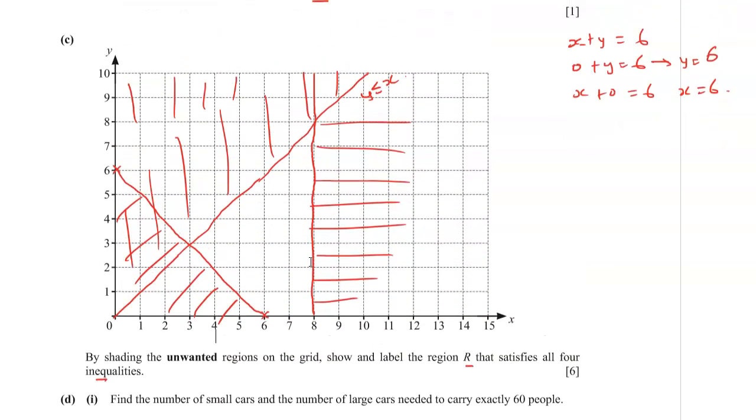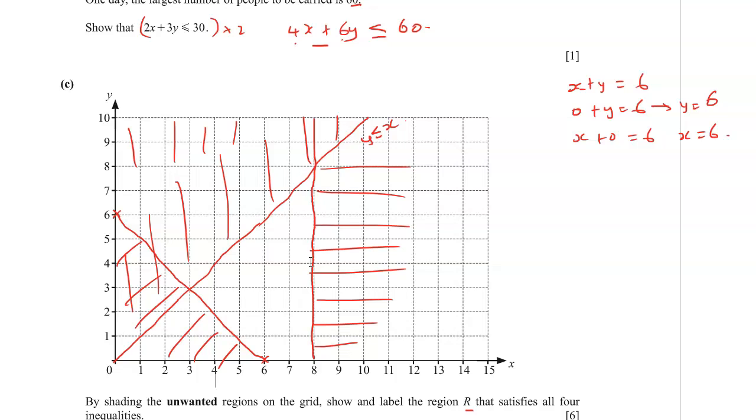We have drawn 3 inequalities. You can draw the 4th one, this one here, whichever it is. So 2x plus 3y is less than 30. So we can call this one equal to. When x is equal to 0, then 3y is equal to 30, y is equal to 10.